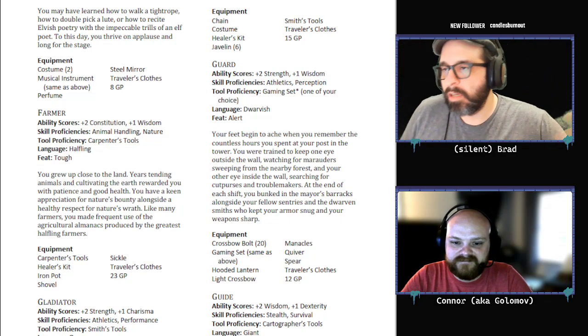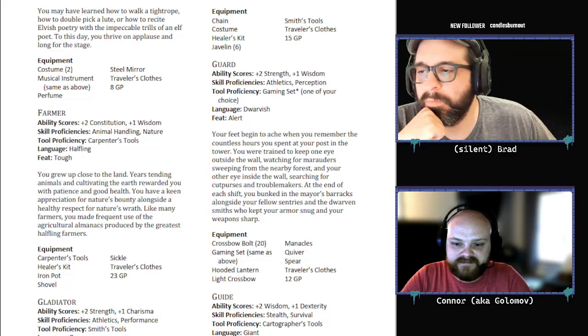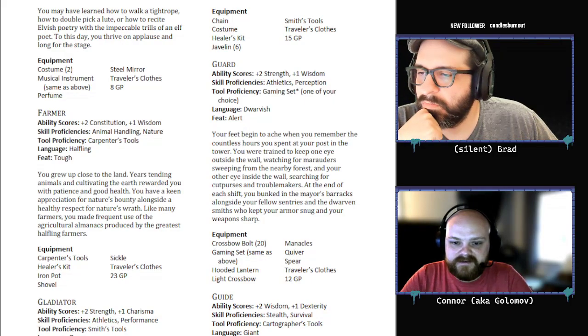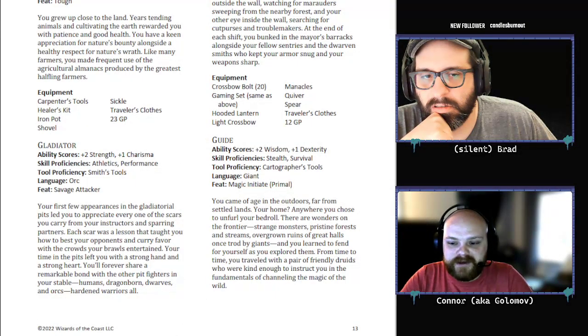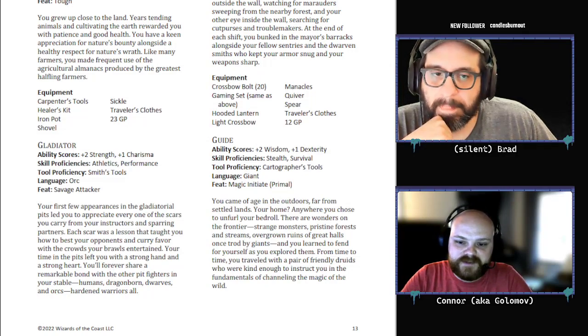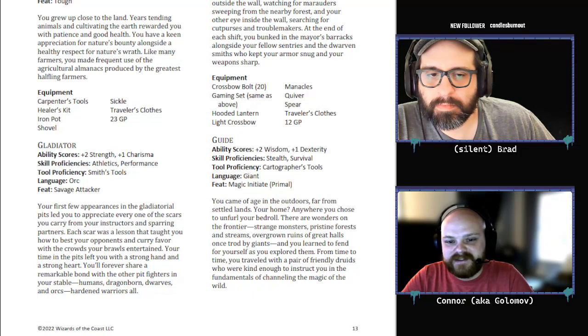Alert again, and alert makes sense for a guard just as much as it does for a criminal. I guess for your guard, you're probably going to have the standard issue smith. I guess, I don't know. That one's a bit of a reach.